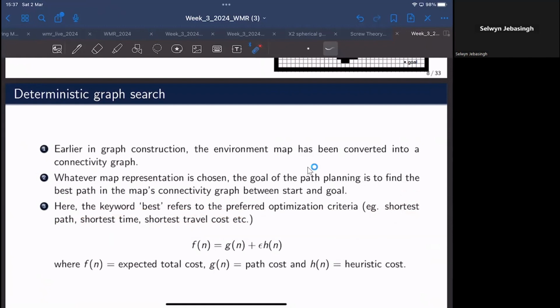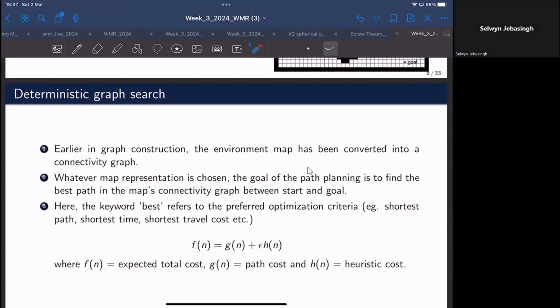If you prefer to give more weightage to shortest time, you can add more weight to the shortest time. Or if your priority is shortest path, you can add more priority to shortest path. So the best may not mean a singular criterion. It can mean any of these criteria, depending on the application or depending on the designer's preference.